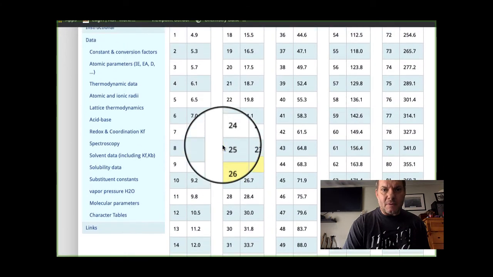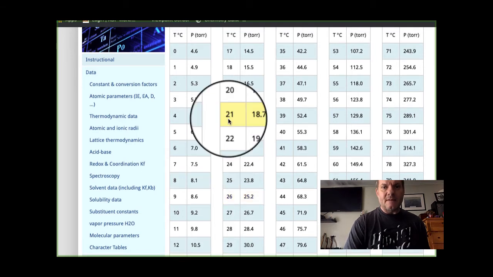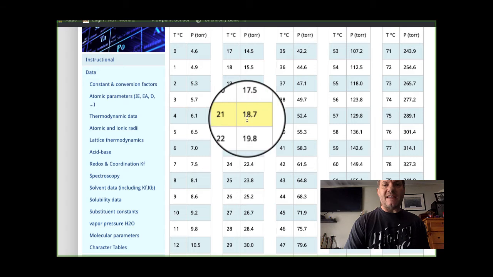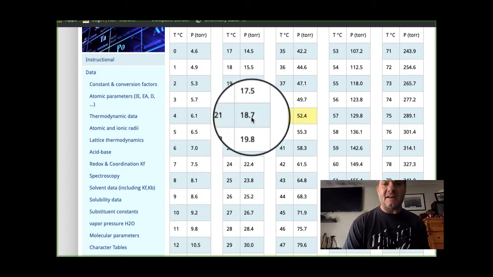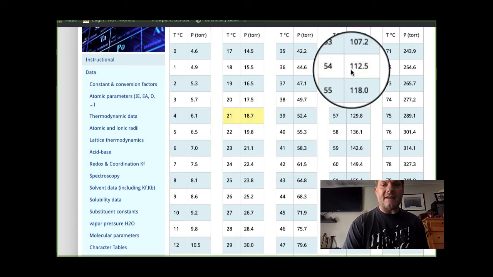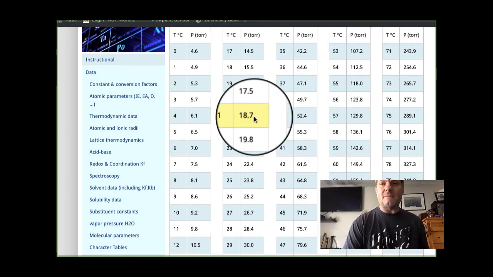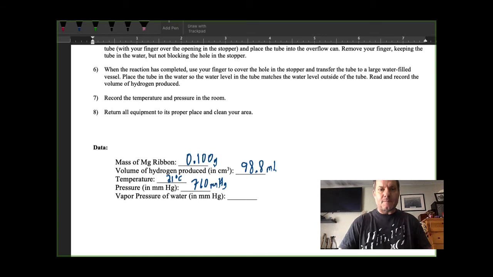So according to this table, when it's 21 degrees Celsius, the vapor pressure of water is 18.7. Since we're not dealing in tenths, and this is going to be an addition problem, let's just round that to a vapor pressure of 19 millimeters of mercury.